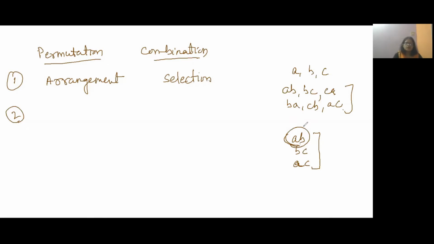So the order in which the objects are taken is very important in permutation, and order is taken into consideration. In combination, order of the objects is not considered.